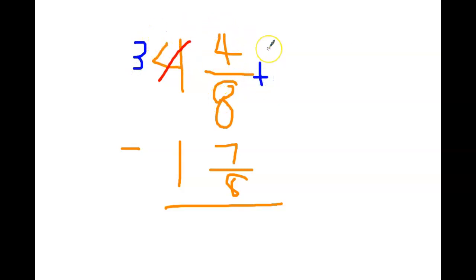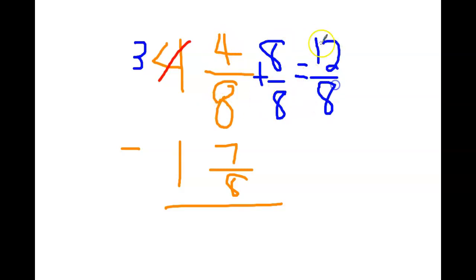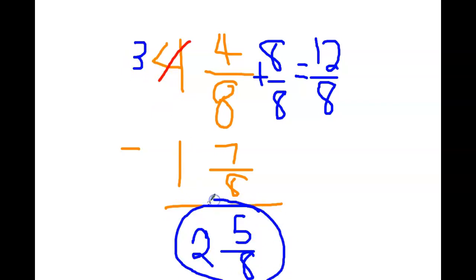So 4/8 plus what fraction represents a whole with a denominator of 8? Great, 8/8. So I'm going to put 8/8 here. And then what is 8/8 plus 4/8? Excellent, 12/8. So now I have 12/8 minus 7/8. Good, 5/8. And then 3 minus 1 is 2. So my final answer is 2 and 5/8.